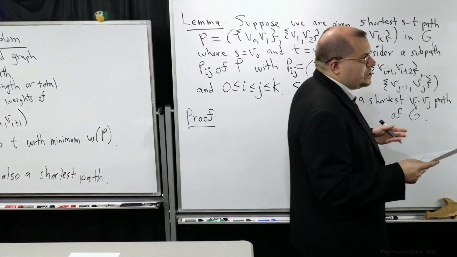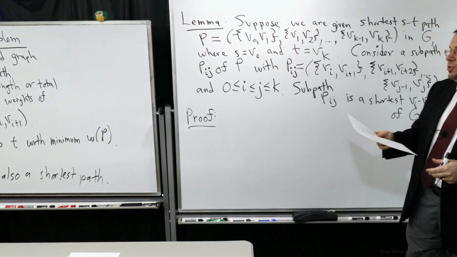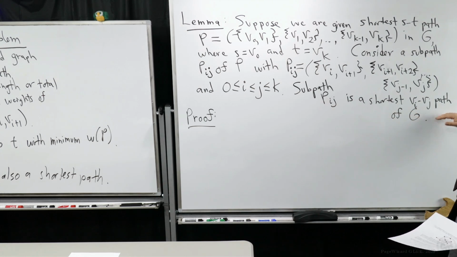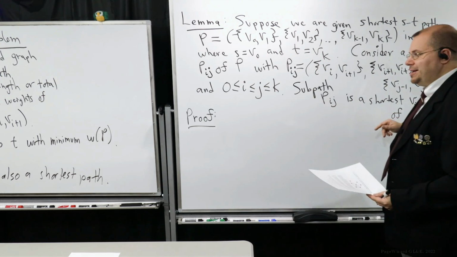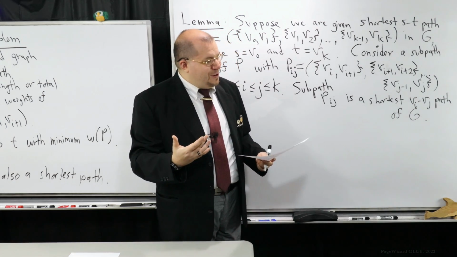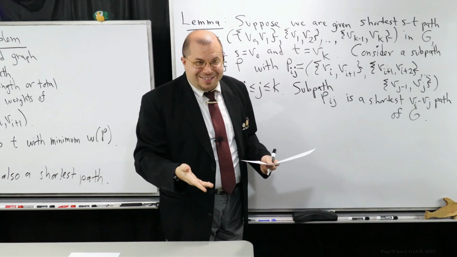So where do we usually start with a contradiction proof? I'm going to assume otherwise. Remember, this is the claim: the subpath Pij is a shortest vi-vj path. To assume otherwise means that it's not.